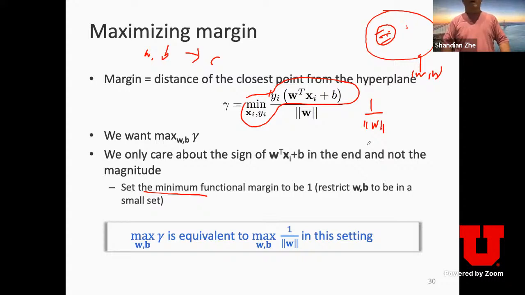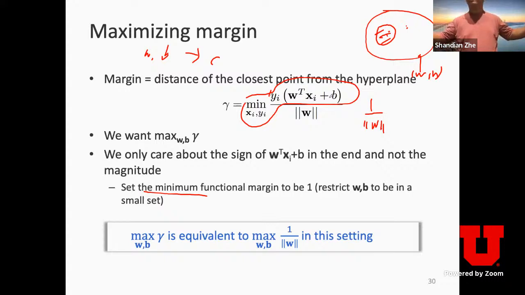I'm not going to search the entire W, B space. Instead, I'm going to carefully pick a subspace. In this subspace, every W and B makes sure the minimum of yi times W transpose xi plus B is 1.